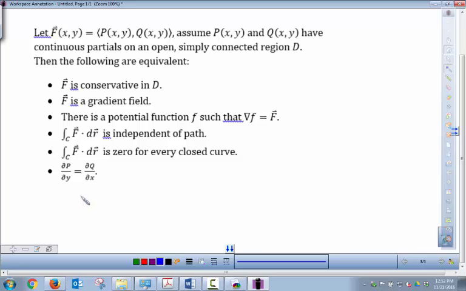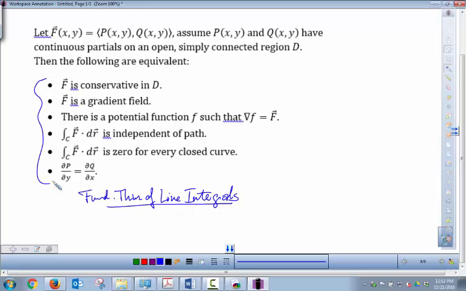So, fundamental theorem of line integrals kind of revolves around these ideas of the vector field being conservative. If it's conservative, then it's a gradient field. If it's a gradient field, then we can find a potential function, etc.